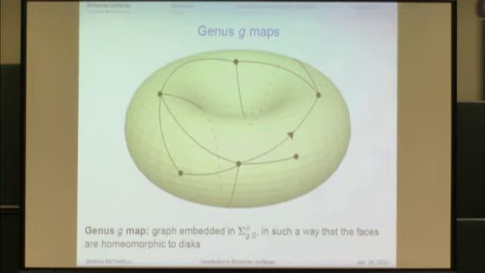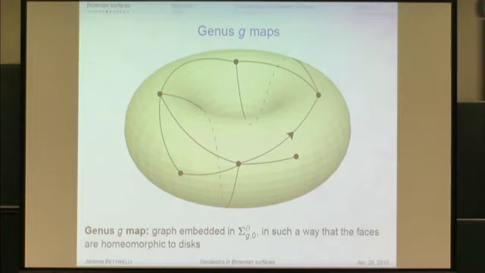And I want the graph to be embedded as best as possible, in the sense that I want all the faces to be topological disks. So again, it's a gluing of polygons along the edges in such a way that you obtain the surface you want, either the torus or the double torus, and so on. That's the definition of a map of genus G.